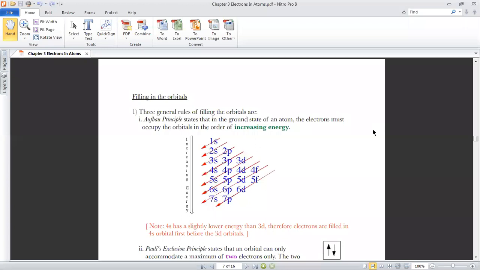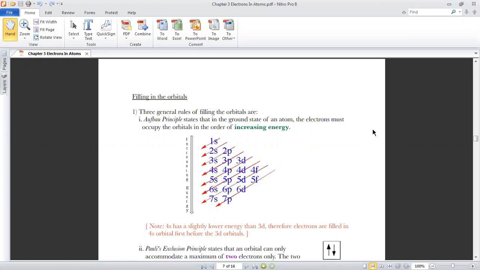So this is the Aufbau principle. According to Aufbau, electrons are filled in subshells and orbitals according to increasing energy level. So the electrons will go to the lowest energy subshell first, then to the higher energy subshell, and then to the further higher energy subshell.